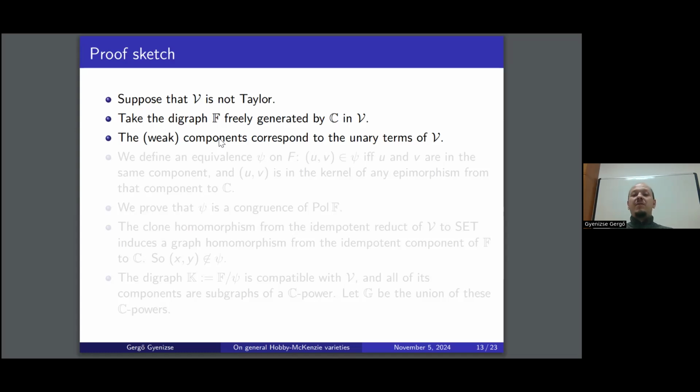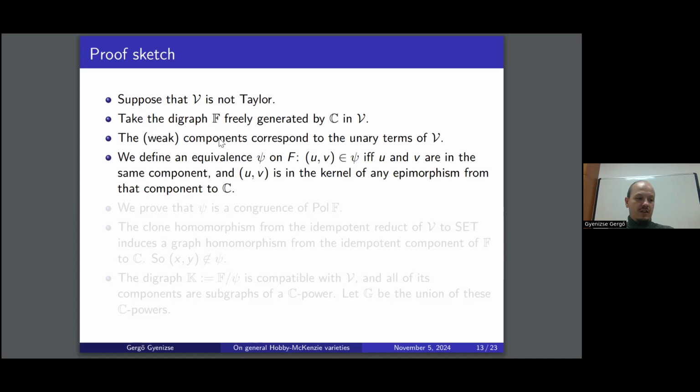One of the unary terms of V is the identity, and what corresponds to the identity? The set of idempotent ternary operations of V. So we will define an equivalence on the underlying set of this graph. So C is this equivalence.